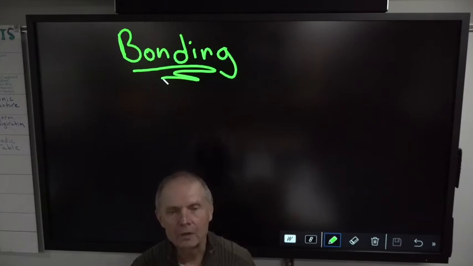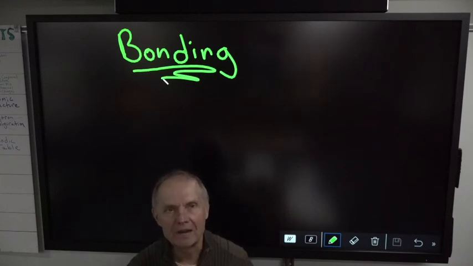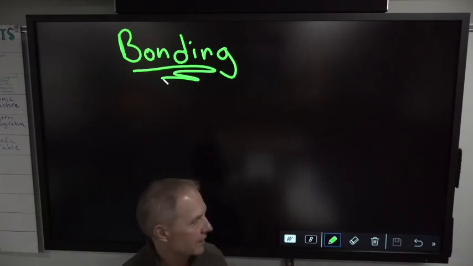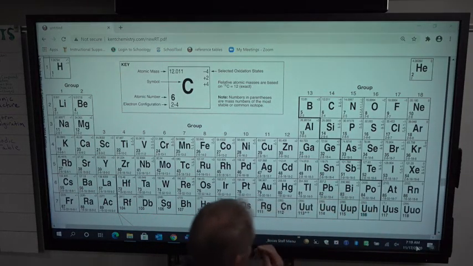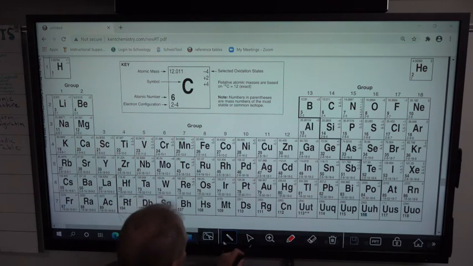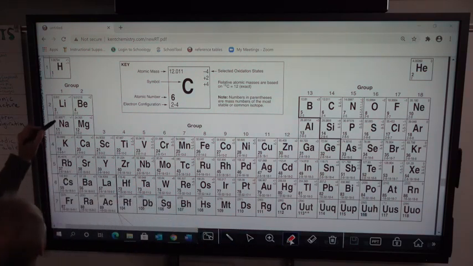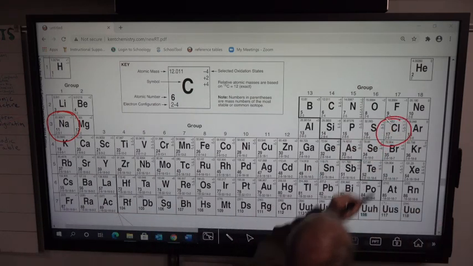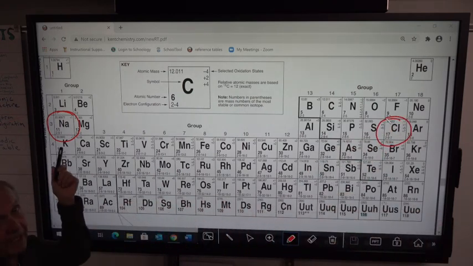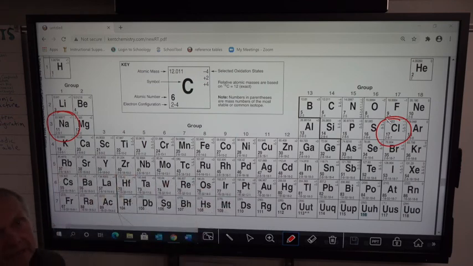So, like I said, we're going to do the standard 2 elements, and we'll go over everything. We're going to go with sodium, and we're going to go with the chlorine atom. Okay? All right, here we go.